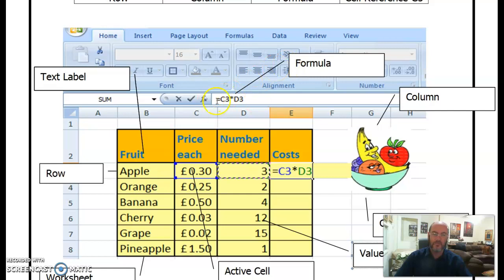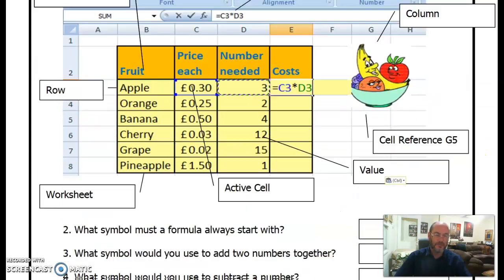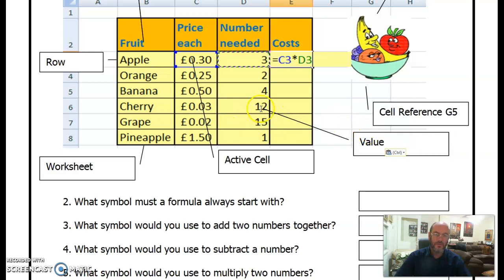So we got all those 8 labels. Text label, formula, column, row, cell reference G5, value, 12, active cell, because you can see it's active, it has the blue line around, and the whole thing here is a worksheet.